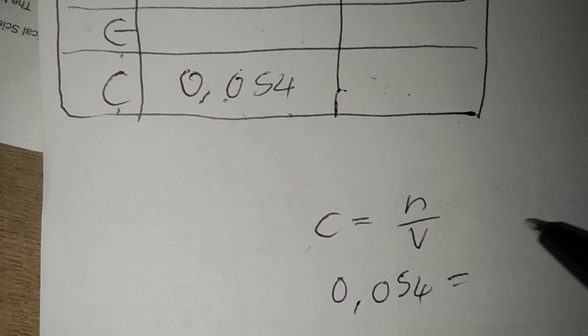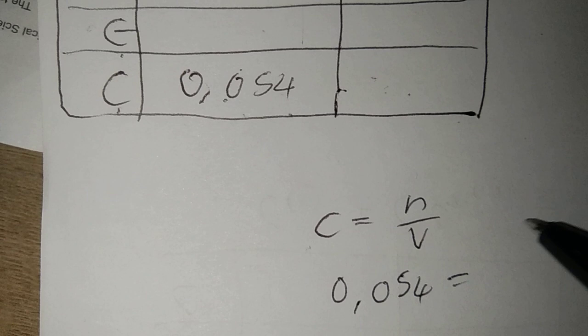Let me do that. Divide by 3, it gives us 0,812. That is our concentration. I'm sorry, 0,812.